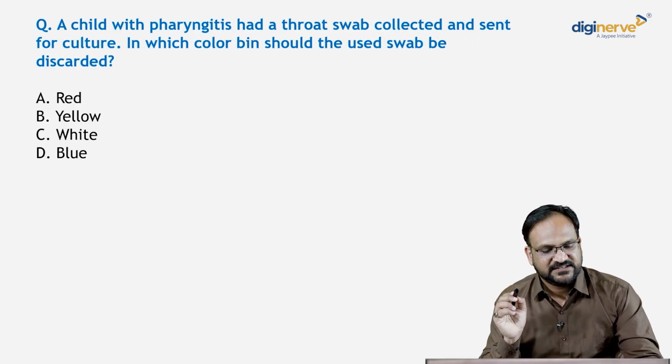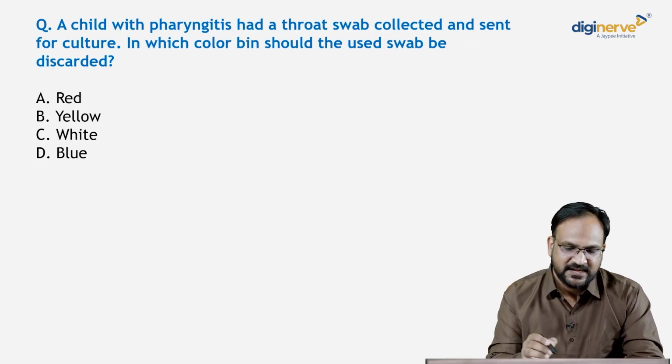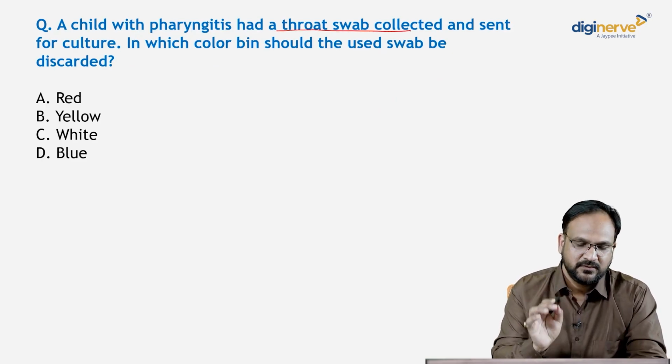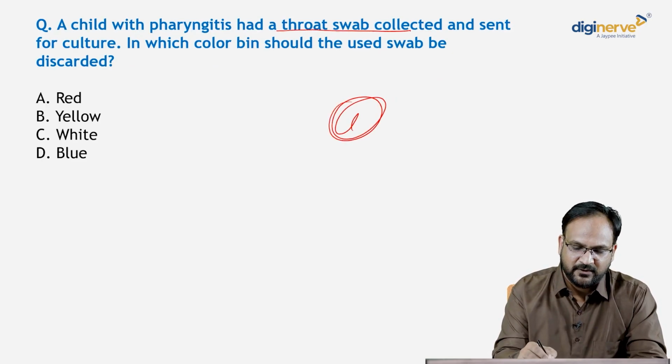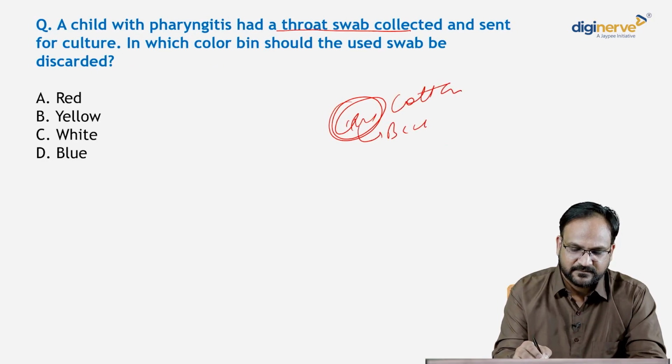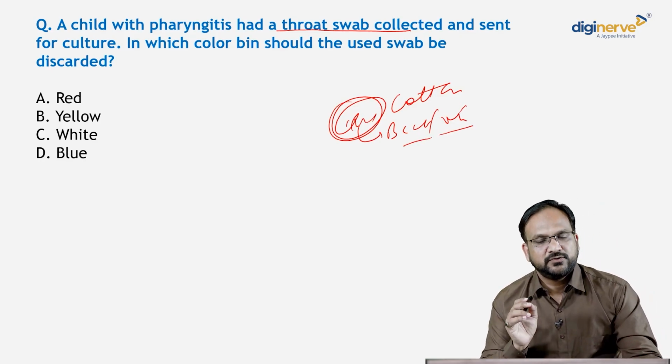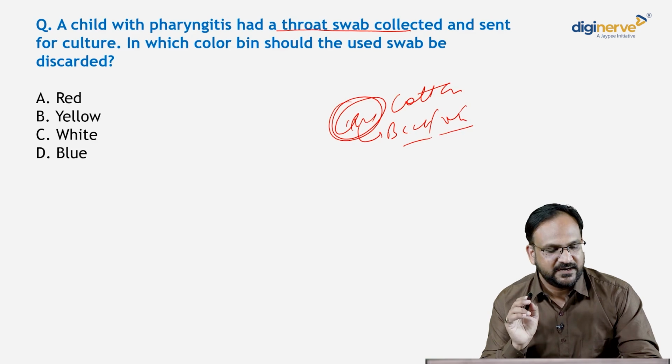Okay. The next is, a child with pharyngitis had a throat swab collected and sent for the culture. So a swab is made of cotton and it is having bacteria or virus, meaning a microbiological agent. In which color bin should the used swab be discarded?